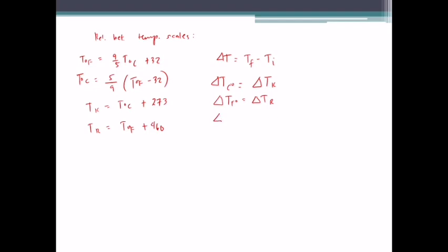The change in temperature in Celsius degrees is 5/9 the change in temperature in Fahrenheit, and the change in temperature in Fahrenheit is 9/5 the change in temperature in Celsius.